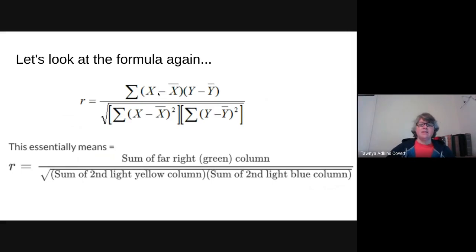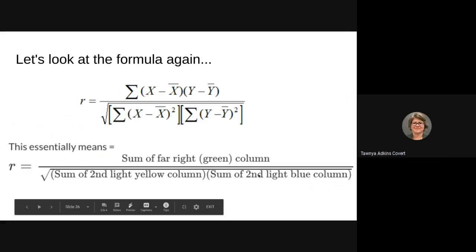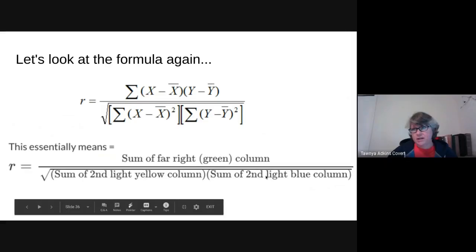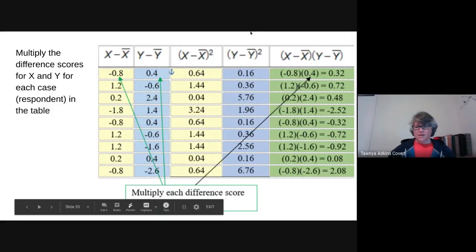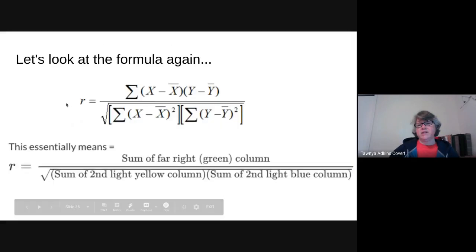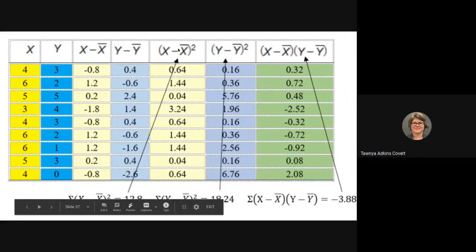Now, let's look at the formula again. This essentially means the sum of the far right column divided by the square root of the sum of the second light yellow column and the sum of the second light blue column, right?